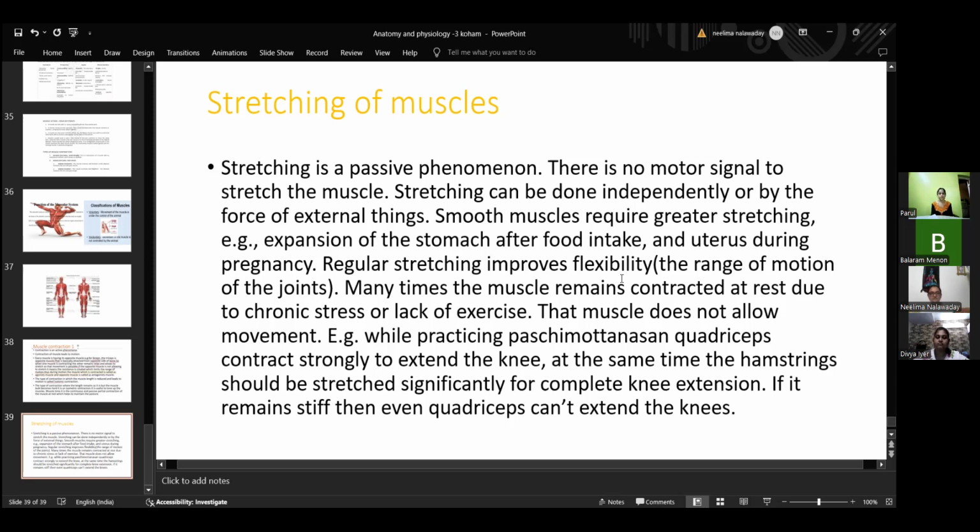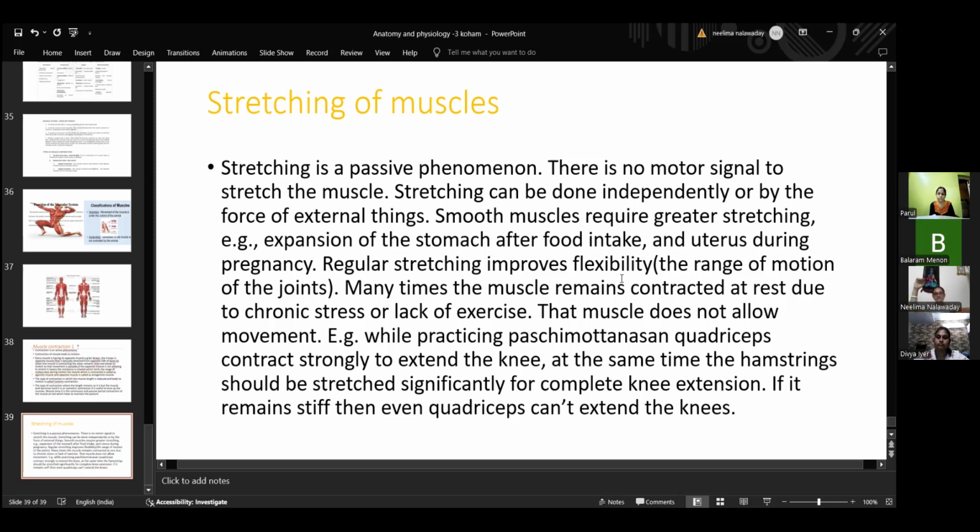If hamstrings are very much contracted and not allowing that stretch properly, then even if quadriceps are doing their job properly, that knee extension does not happen, right?